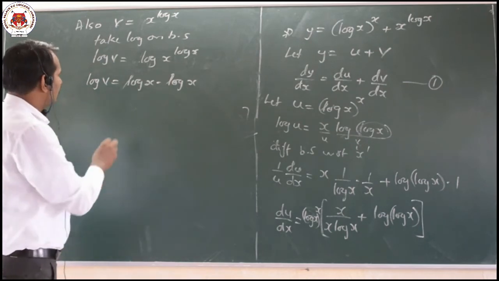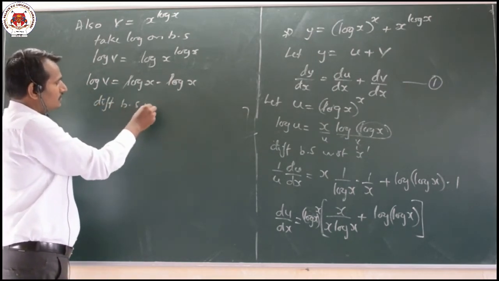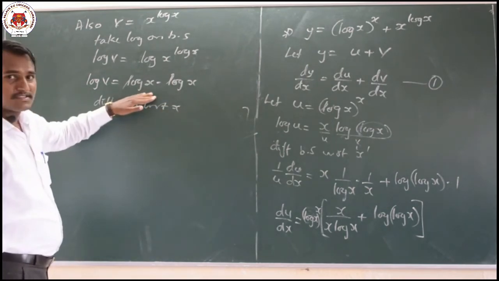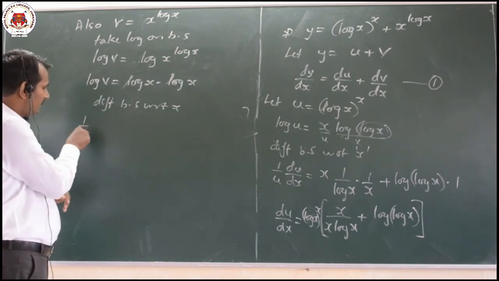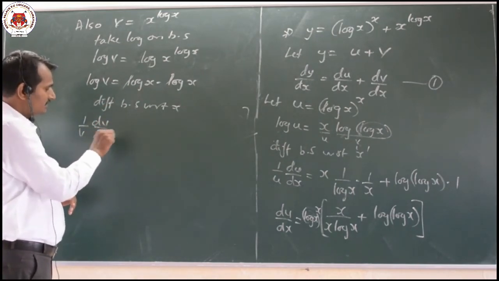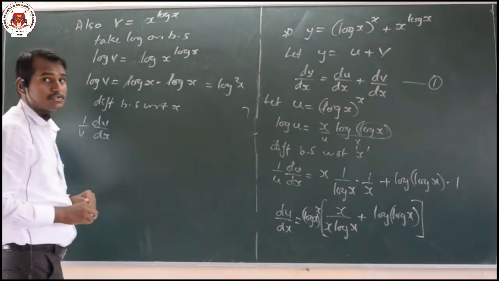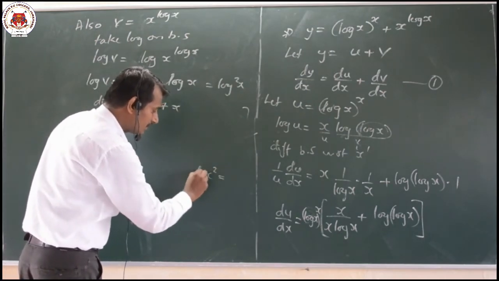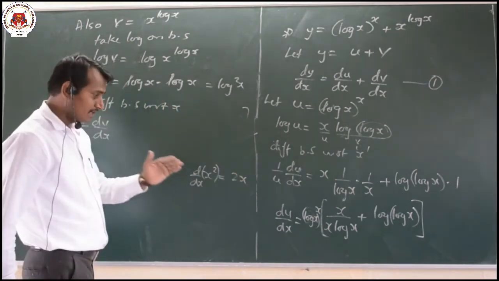Differentiate both sides with respect to x. I can write it as 1 by v into dv by dx, equal to log square x. Same as x square, differentiation of x square is 2x. In the same manner you can write here.